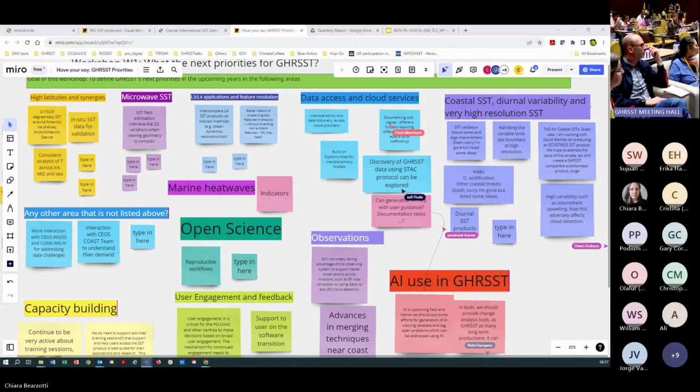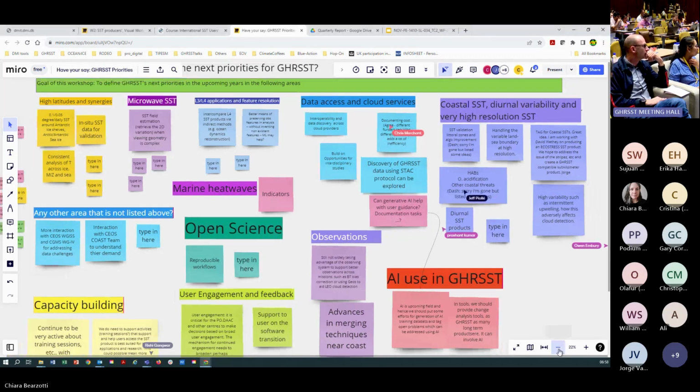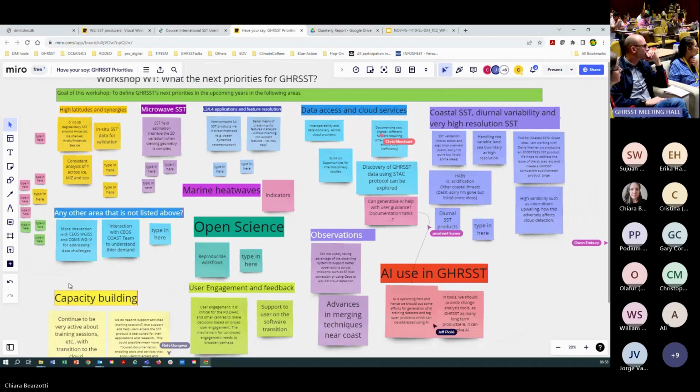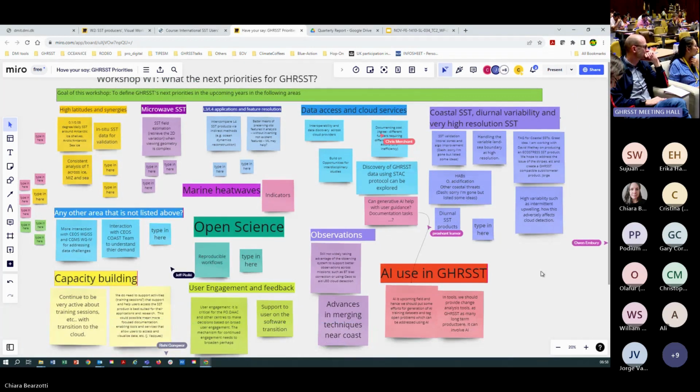We have been working within our EUMETSAT NOAA cooperation on evolving the diurnal variability models, also with Gary Wick, who I think is not here today. No, I can't see him. So Gary Wick's really been working on that together with Gary Corlett at EUMETSAT, Andy Harris, and quite a few other people who are involved. John Mittaz is involved.